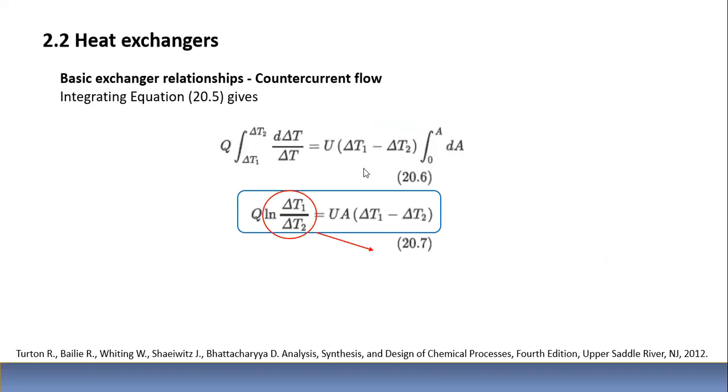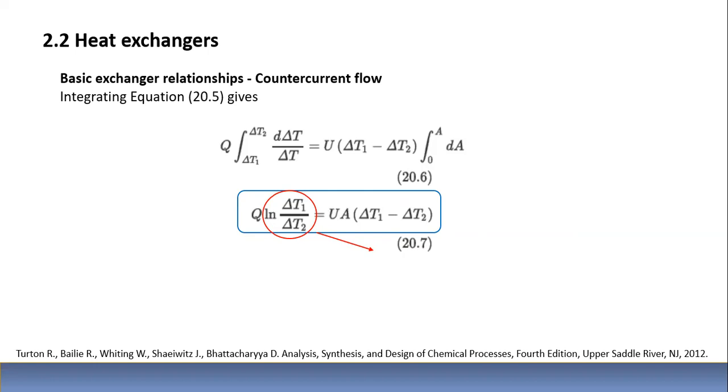To integrate this from the temperature differential at position 1 to the temperature differential at position 2, as a result of this integration we'll have a logarithmic term, evaluated between delta T2 and delta T1.